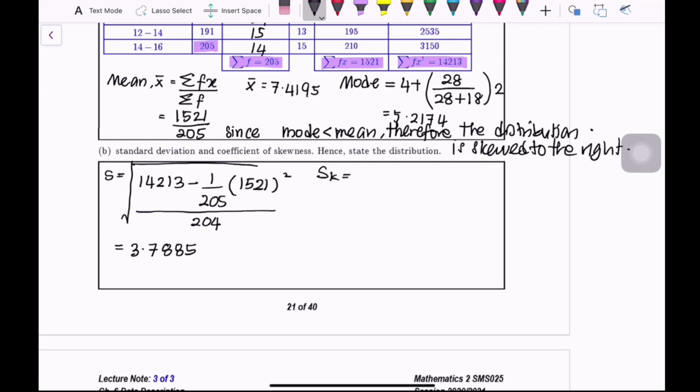To determine the coefficient of skewness, or Sk, we use the formula: mean, 7.4195, minus mode, 5.2174, over the standard deviation, which is 3.7885.